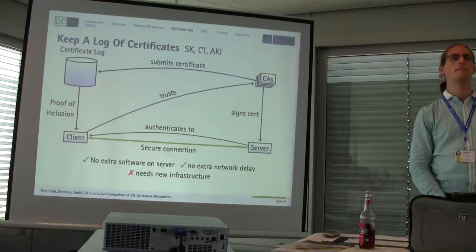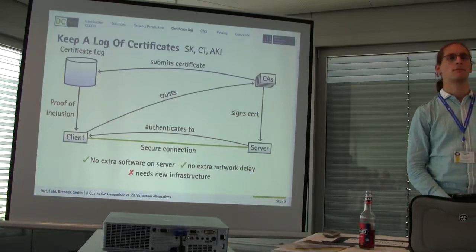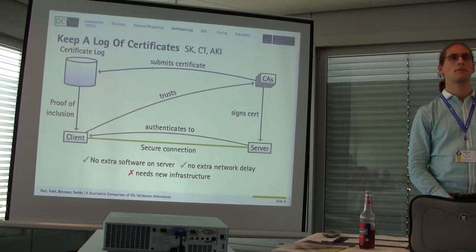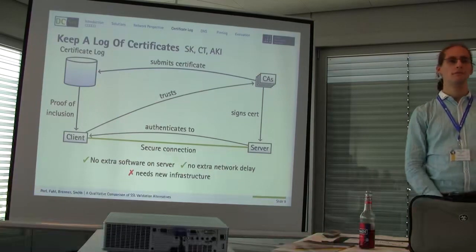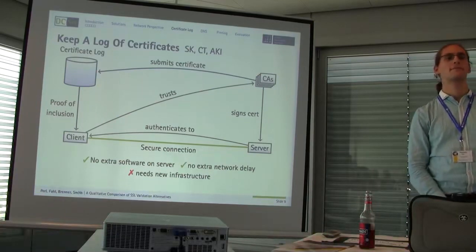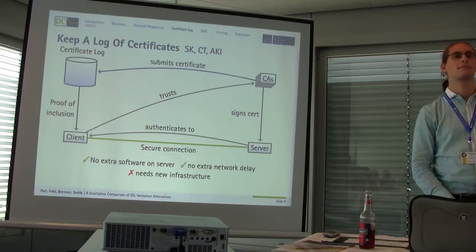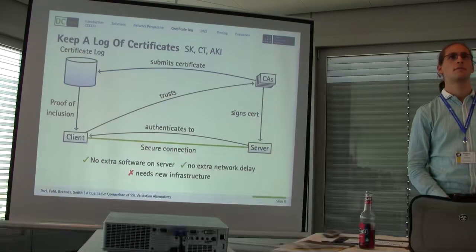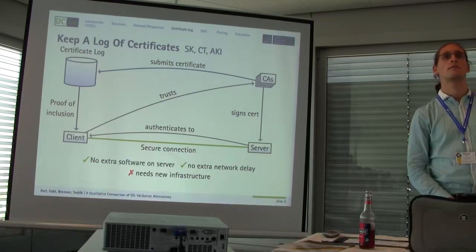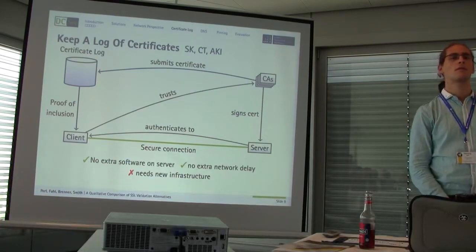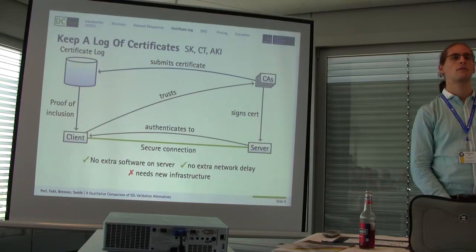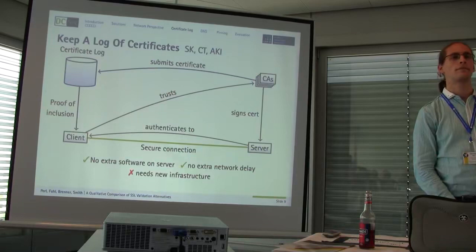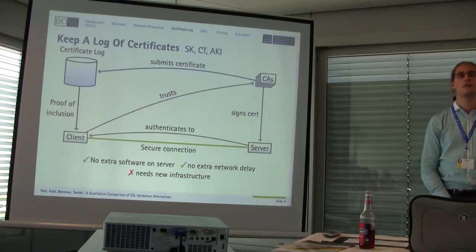This is assuming that the attacker, after reaching the CA and being able to steal the CA's key for enabling himself or herself to sign certificates, is not able to prevent the submitting of the certificate, because the new or malicious certificate does not appear in the certificate log. The client cannot validate against the log, right?